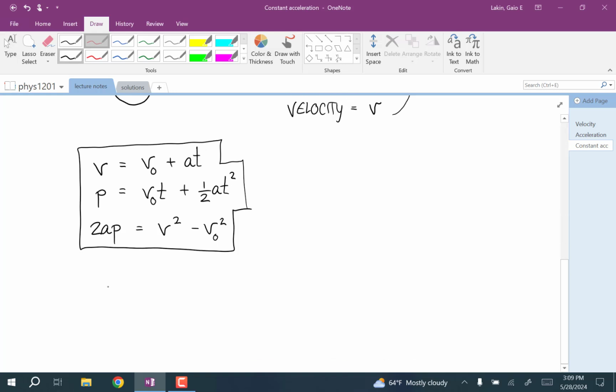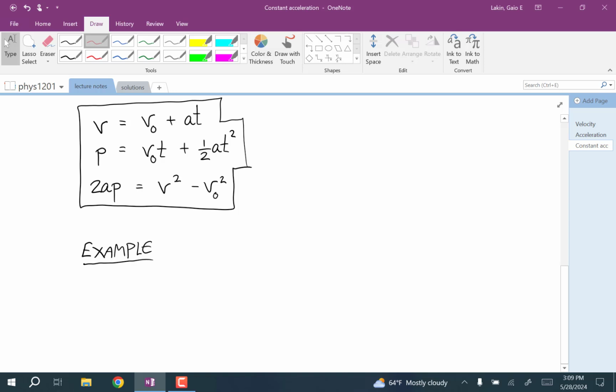Okay, so let's see how to use something like this. Let's say that a car starts at rest. And then it maintains a constant acceleration for 100 meters.